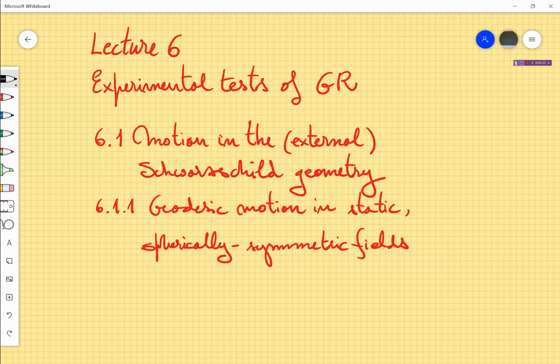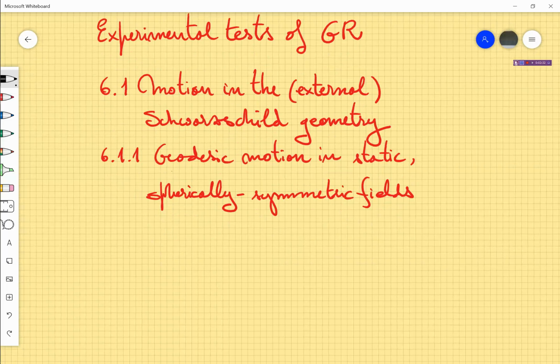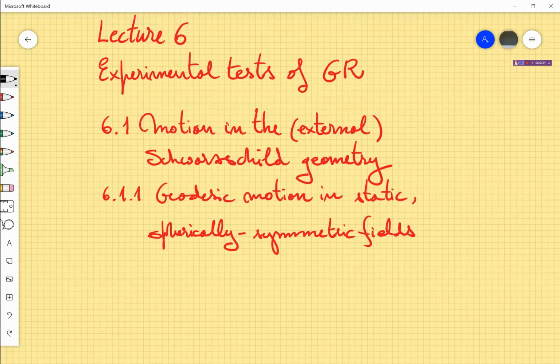The internal one doesn't make sense to study for propagation, because that's the interior of a star or a planet. And we will see how the motion of these particles deviates from the expected motion in the Newtonian theory. These deviations will constitute the new predictions of general relativity, and finding those deviations will constitute an experimental test of general relativity.